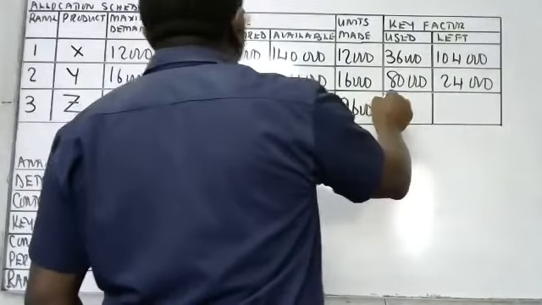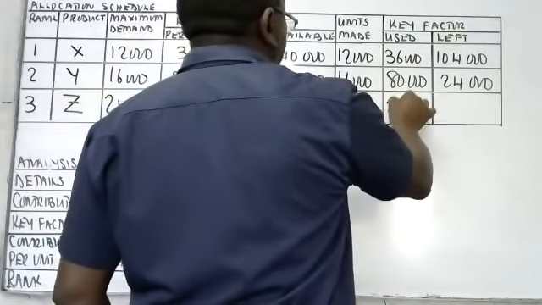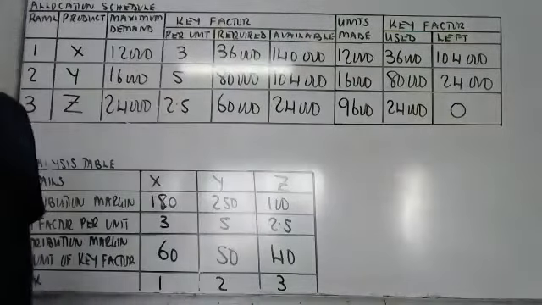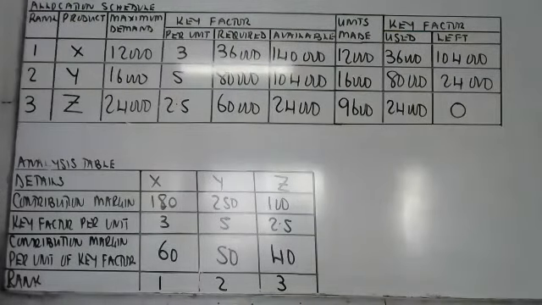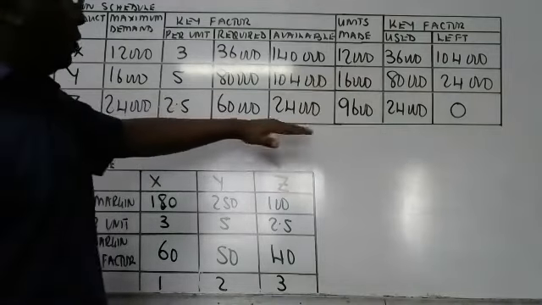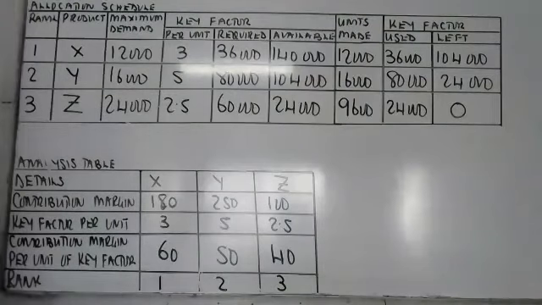So we will have used the 24,000 and we are left with 0. So the product mix is already done there. You don't have to keep on extracting it like we did. You can just leave it there.